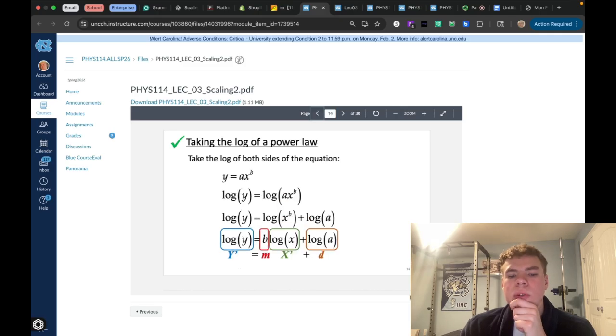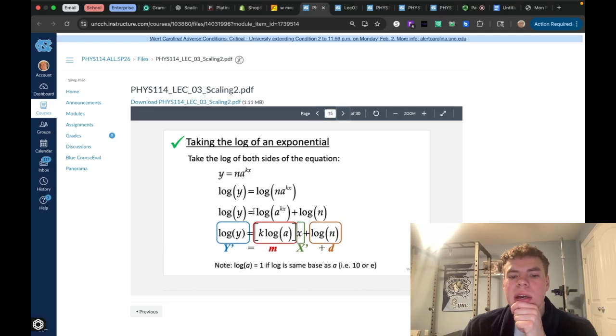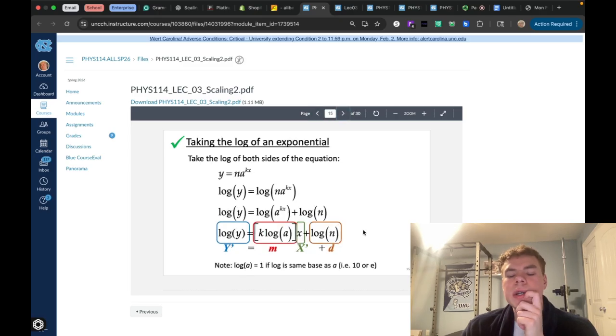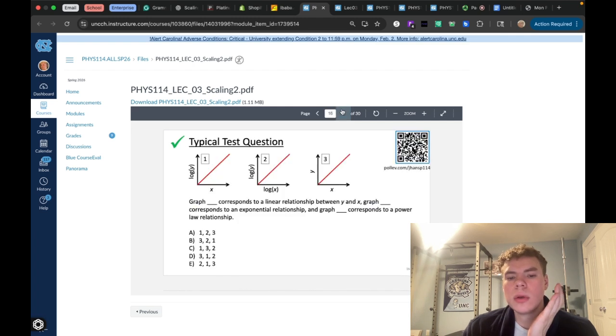So if we go back to this equation, this is the power law, and this is the exponential one. It looks like in the exponential one, the x is outside of the log. So I'm going to say that 1 is the exponential and 2 is the power law.